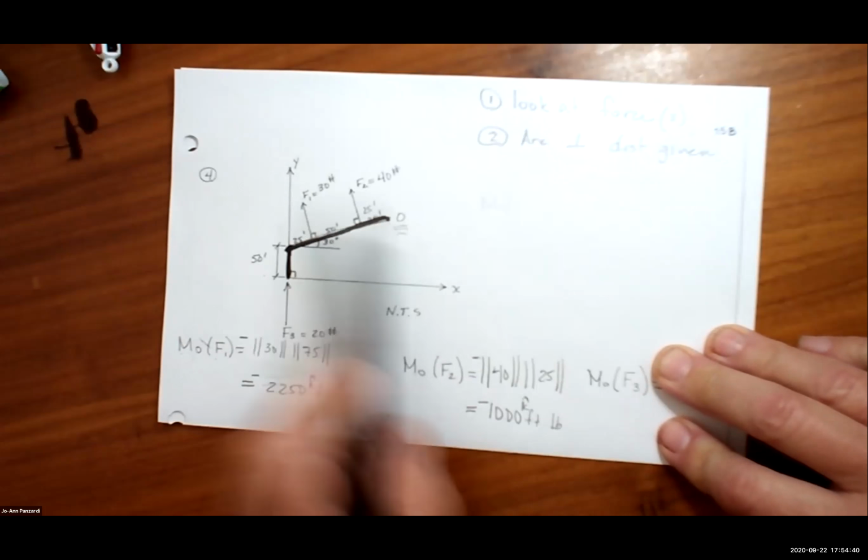And do plus or minus visual and magnitude checks. And then 3 is follow this.